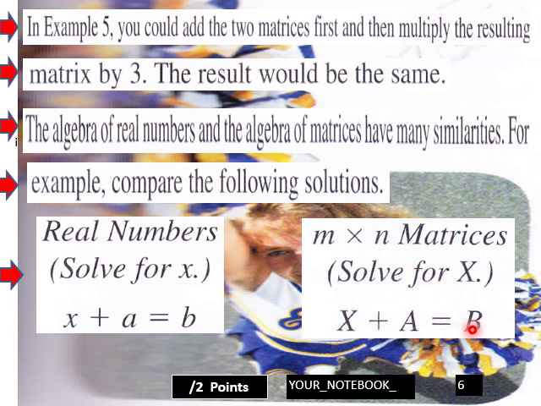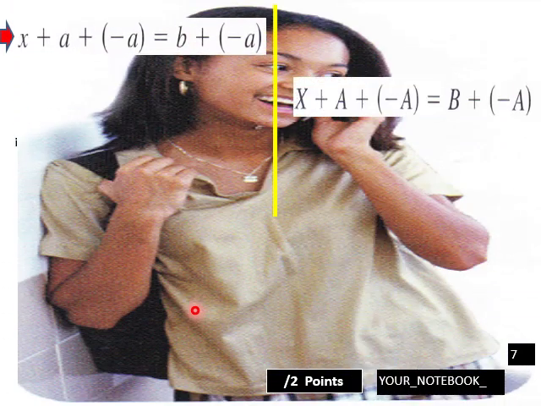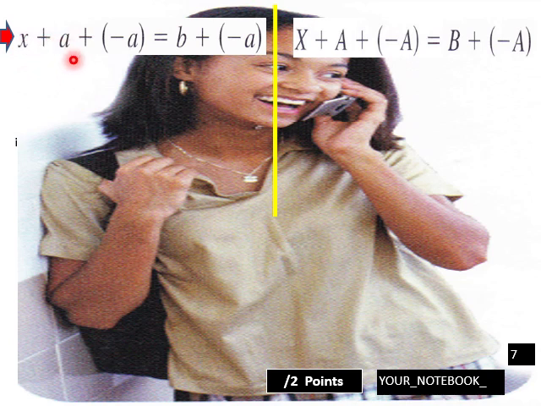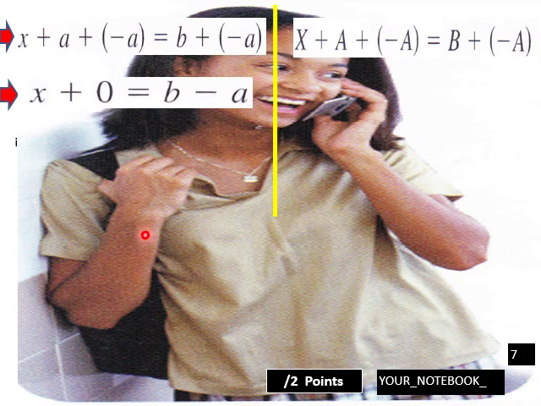So we have x plus a equals b, and then x plus a equals b. So comparing those two different kinds of situations here, x plus a plus a negative a equals b plus a negative a, and then x plus a plus a negative a equals b plus a negative a.